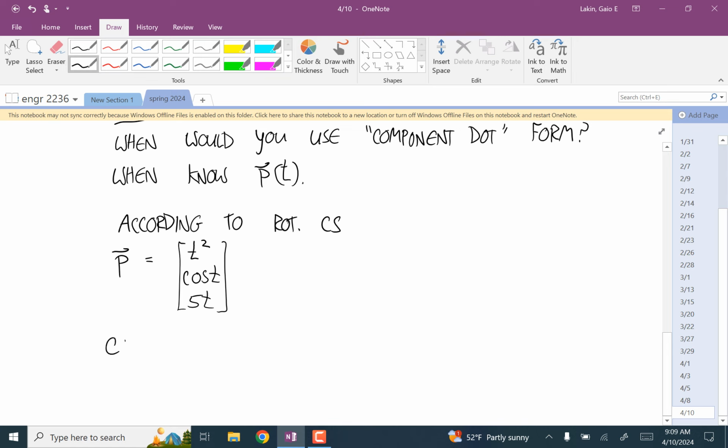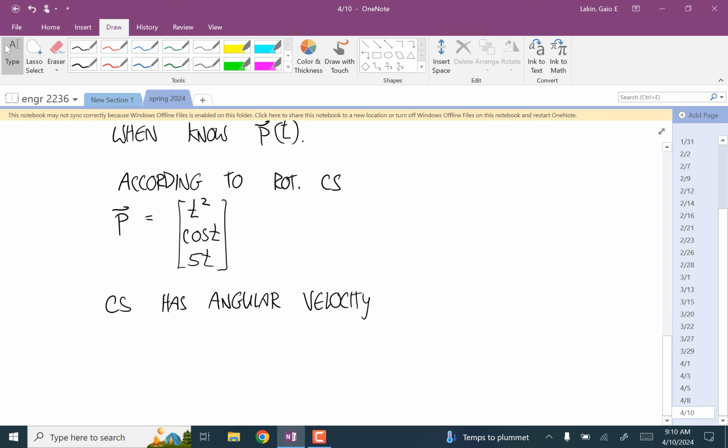And the coordinate system has an angular velocity, so this is our omega, and it's equal to, let's say, 10 to the negative 6.